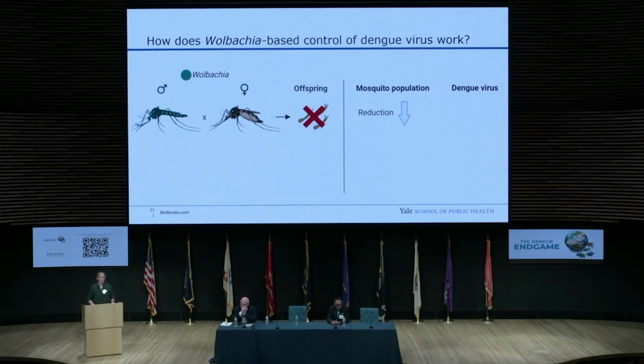If the Wolbachia-carrying males mate with wild-type females, they cannot get offspring due to cytoplasmic incompatibility. This is a way to dampen your population, but you're not necessarily establishing Wolbachia in your local population. So the moment you stop releasing the males, the population might bounce back.